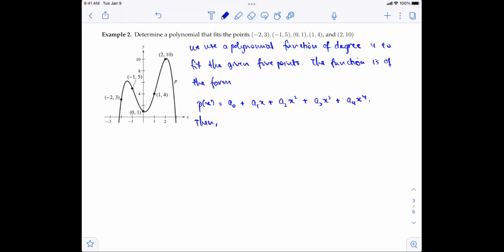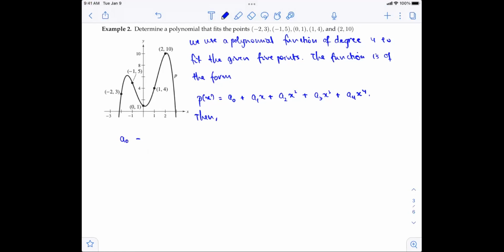Then you have a0 plus a1 times -2 plus a2 times -2 squared plus a3 times -2 cubed plus a4 times -2 to the fourth equal to the output, which is 3 in this case. All right, so that's the first equation.